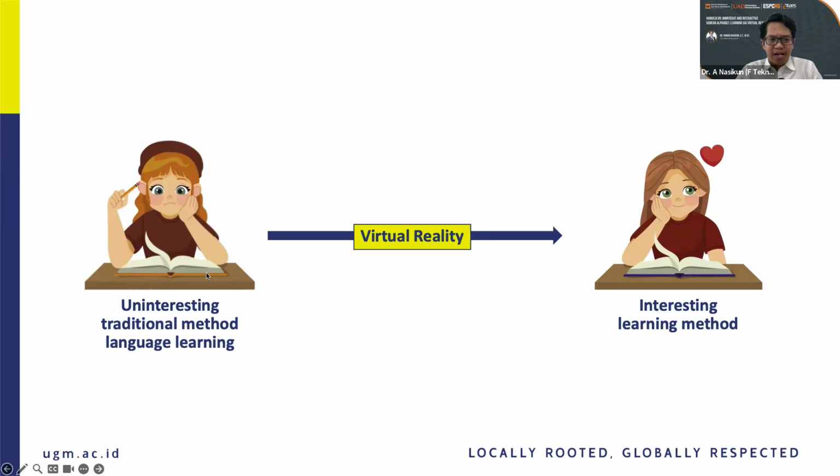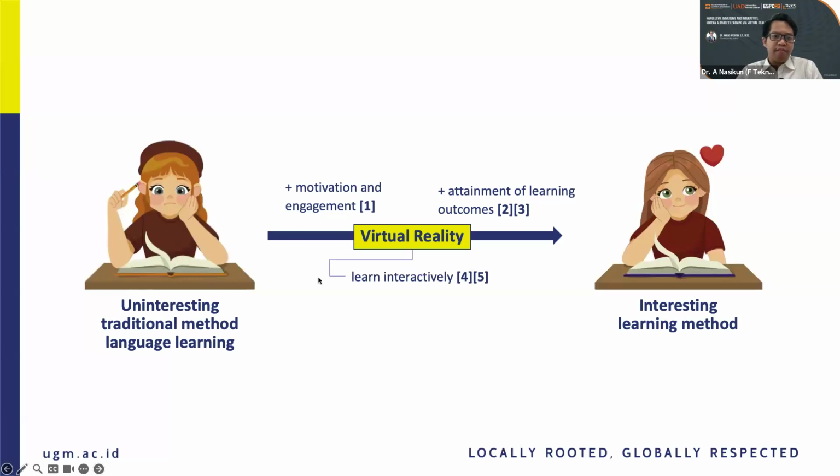That is because virtual reality helps to improve the engagement of the students when they are learning and also increase their motivation. And second, previous studies indicate that the attainment of learning outcomes increases when students are using virtual reality for language learning.